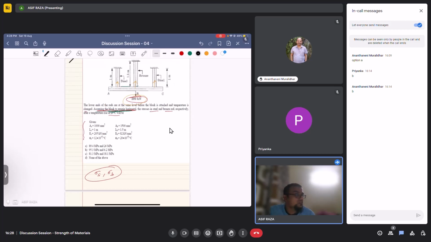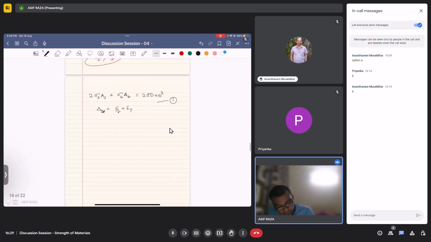For the horizontal bar to remain horizontal, this total extension should be the same for steel and bronze. That means delta total in steel should be equal to delta total in bronze, due to the stress and temperature increase in steel, and similarly stress and temperature increase in bronze.